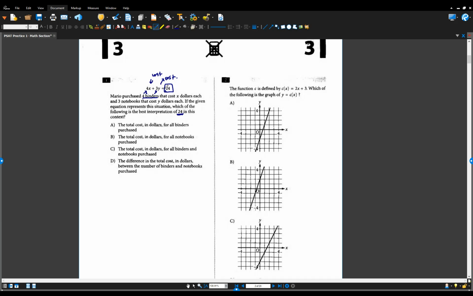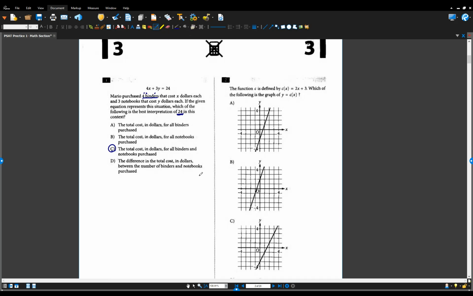Yeah, total cost for what? Only notebooks or binders? Both binders and notebooks. That's right. The number of binders, product, and cost is the total amount. But 24 is the sum of both, right? So choice C is the answer.